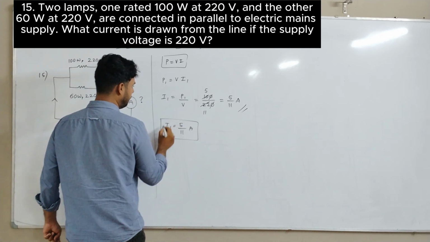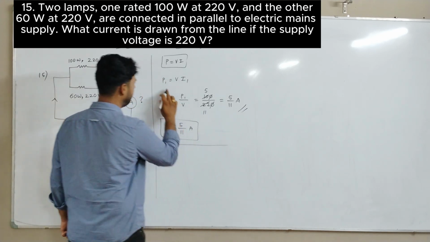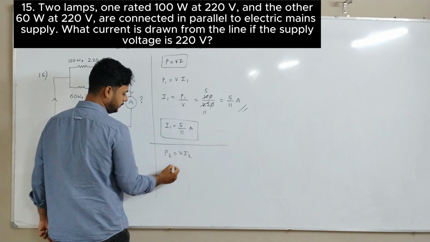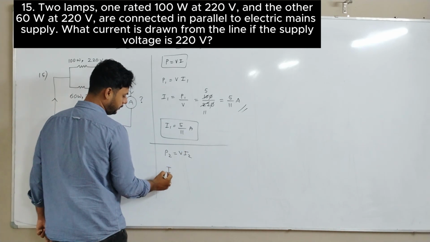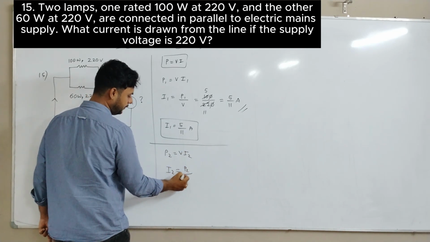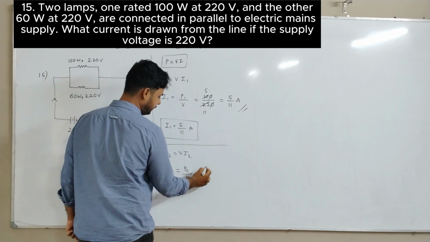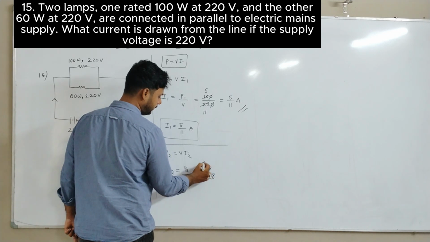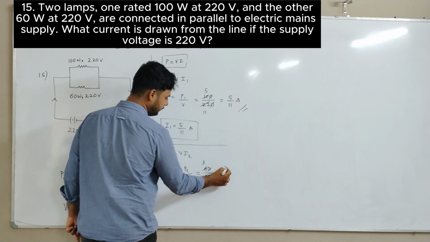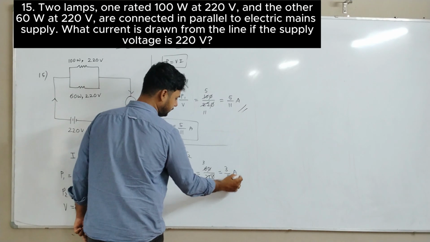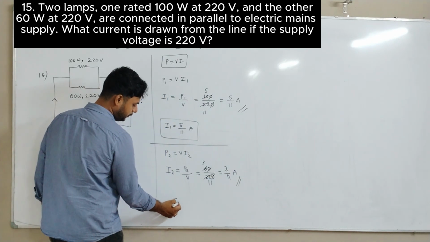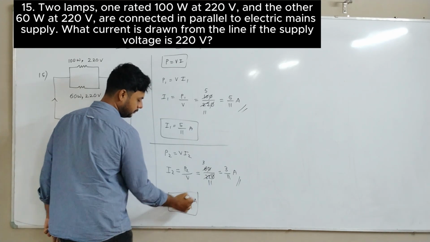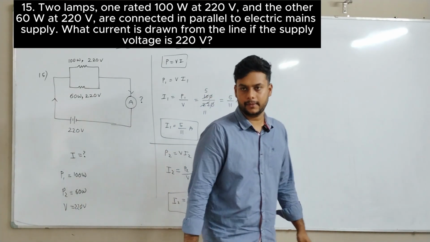Next, similarly, I will do P2. P2 is equal to V I2. I2 is equal to P2 by V. P2 is 60 by 220. Zero cancel, 3 by 11 ampere. I2 is equal to 3 by 11 amperes.